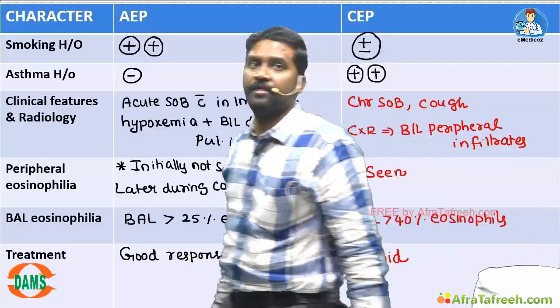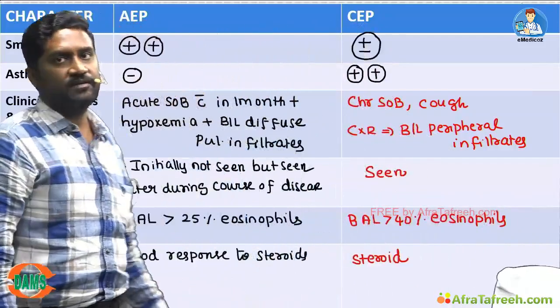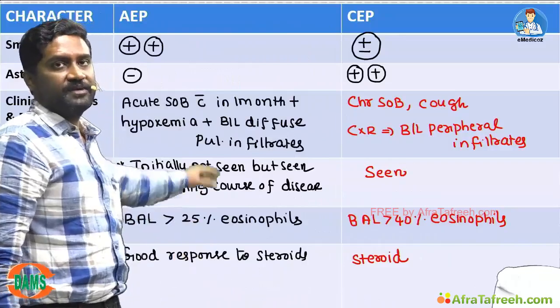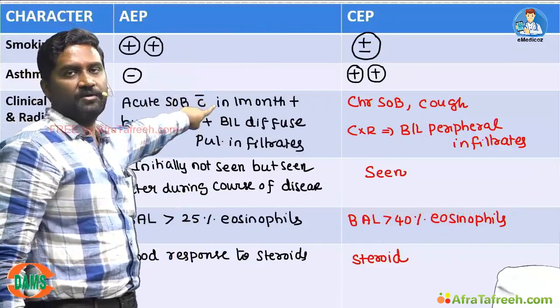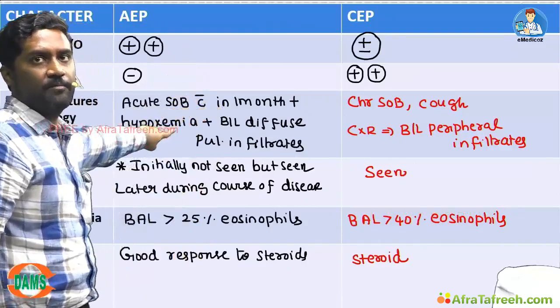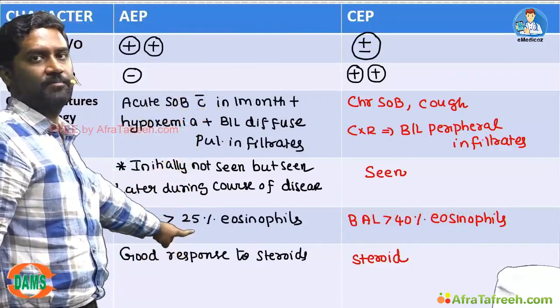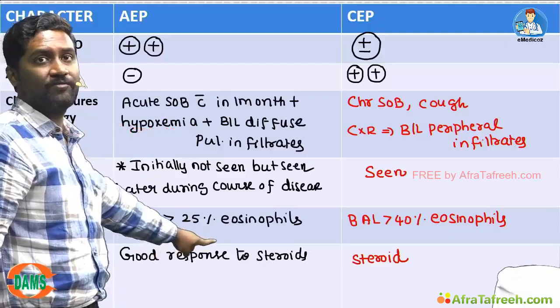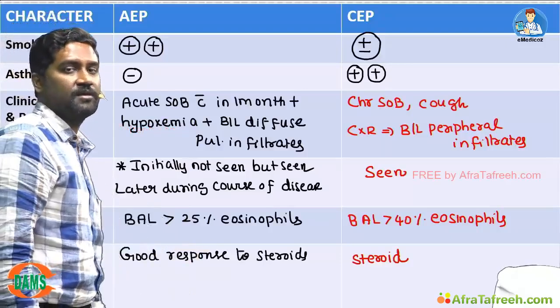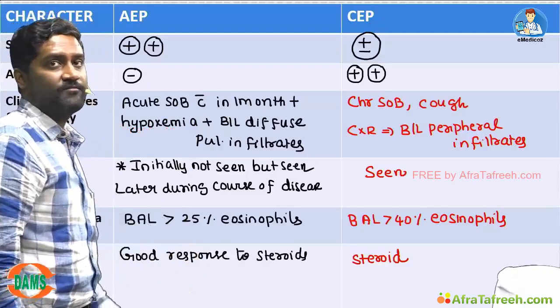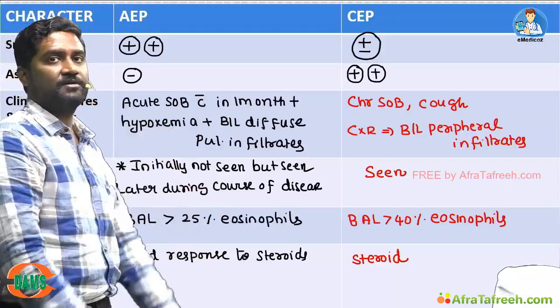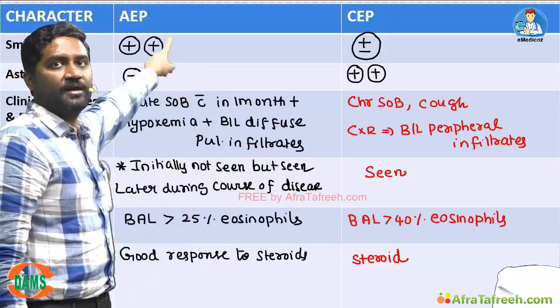Previously asked question, they will give you a clinical scenario like this. This patient presented with acute shortness of breath. He required mechanical ventilation. You have done a bronchoscopy. Bronchoscopy was showing 25% of eosinophils. Now what will be the most effective treatment? So what is the diagnosis?